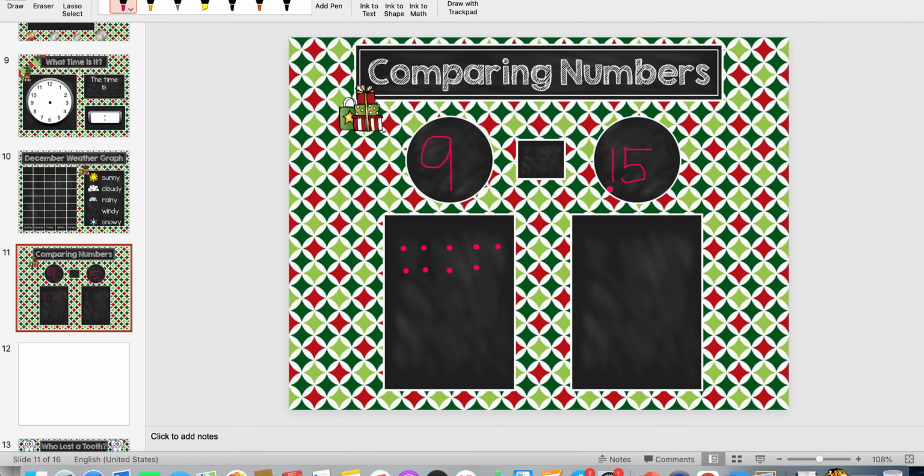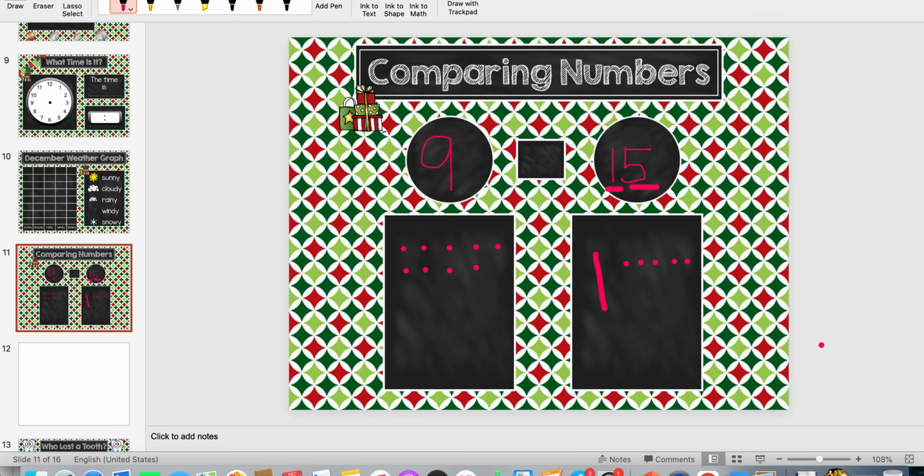Now for 15, it's got a 10, right? So whenever we make a 10, instead of moving a stick, we're just going to draw the stick. 1 ten, and how many ones? 5 ones. 1, 2, 3, 4, 5. So now we've got them drawn, and it's easier to see which side has more.